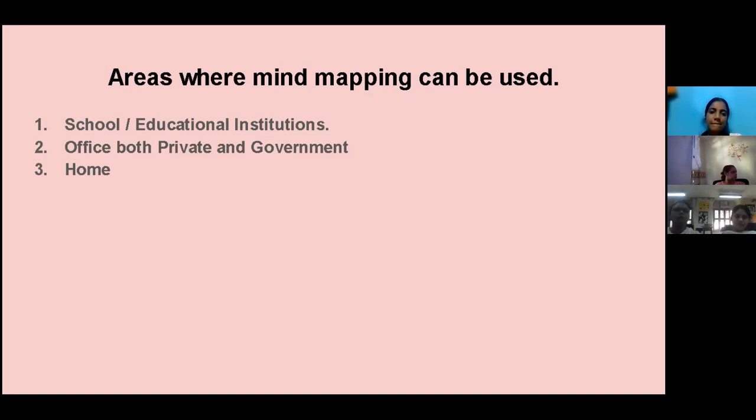Suppose you are dealing with finance and you want to see how you can increase income and how to cut down costs or expenses. If you want to have a clear idea, you can do that. For brainstorming sessions, you can do that. Similarly at home, if you're planning something, like a home renovation, or anything else you are dealing with at home, you can use this mind mapping technique.